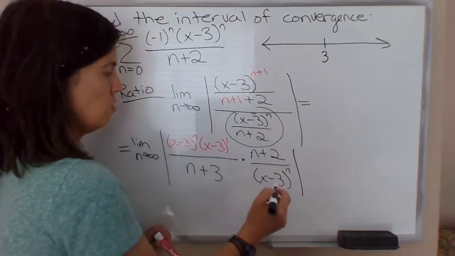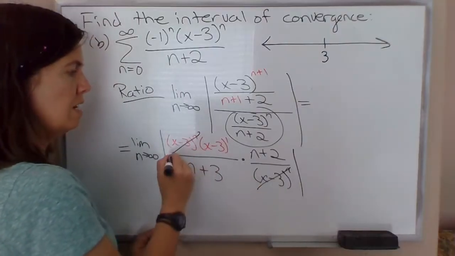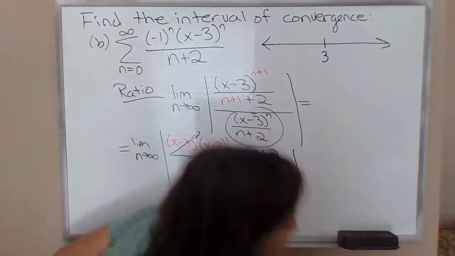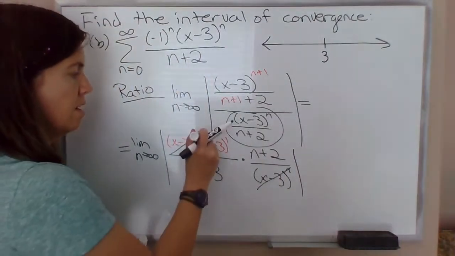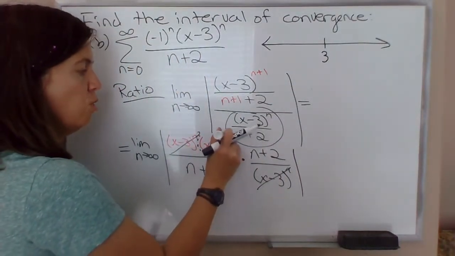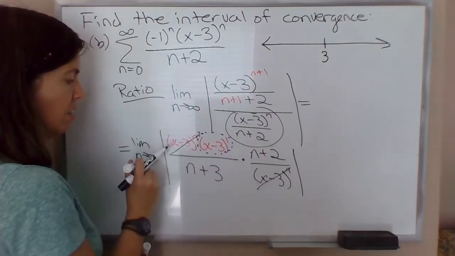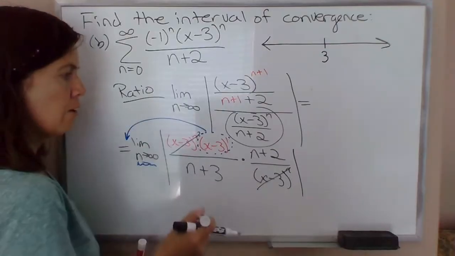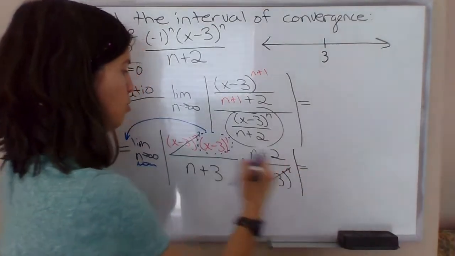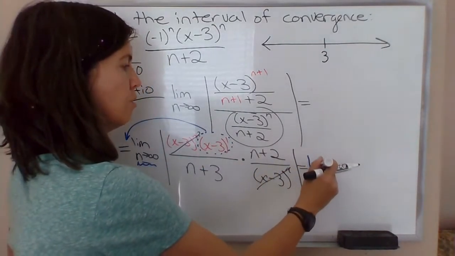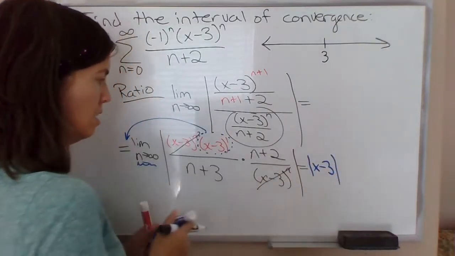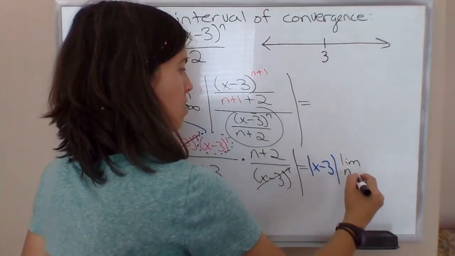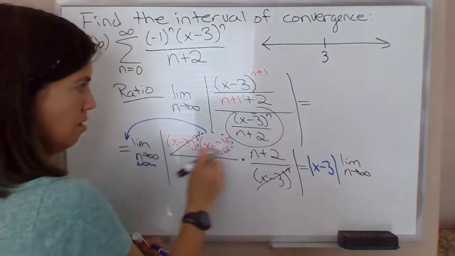Okay, so x minus 3 to the n cancels, and that's it, right? But now this expression, x minus 3 to the first, is no longer dependent on n. So again, it doesn't care about n approaching infinity. It's unaffected by that limit. So I can pull that out in front. It needs to stay inside the absolute value though. So this is equal to the absolute value of x minus 3 times the limit as n approaches infinity of, so what's left?